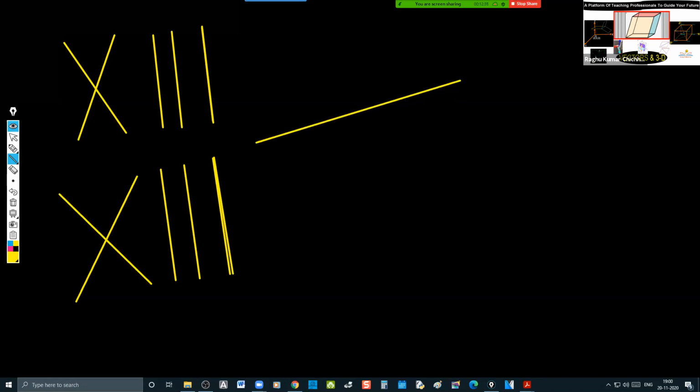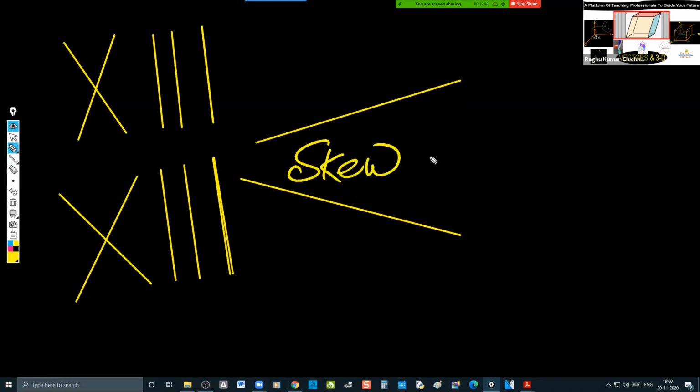A line is like this, another line is like this. These are neither parallel nor intersecting. Important concept, please. These are said to be skew lines. This is a special case you will have for 3D lines.